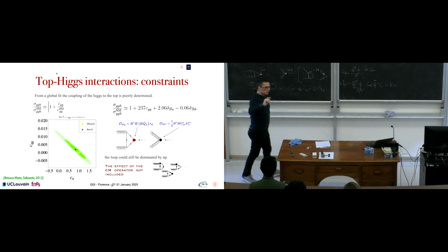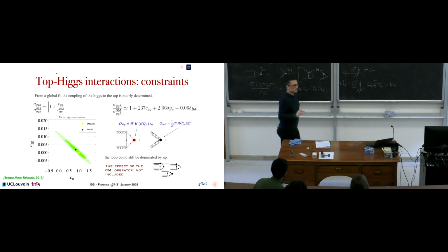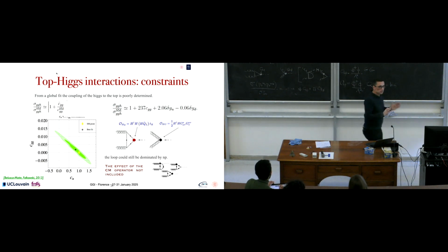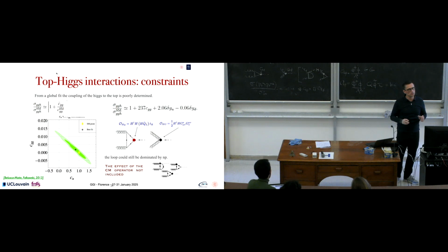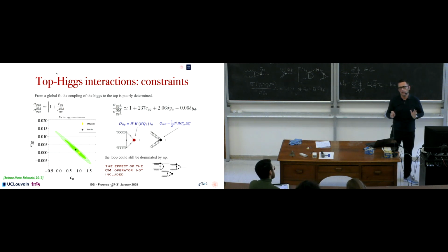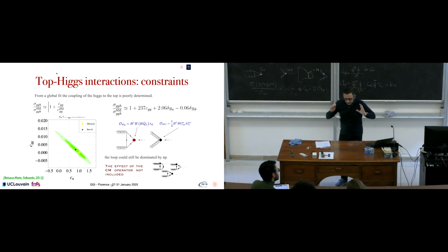So remember what I told you last time? I told you that if you are in a renormalizable theory, and we'll use this again today, if you are in a renormalizable theory in dimension 4, and you calculate a loop of something which is not there at the Born level, this loop is finite.